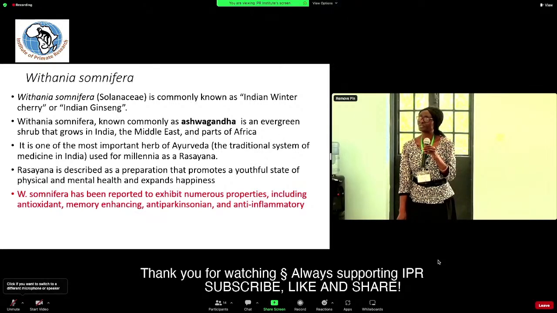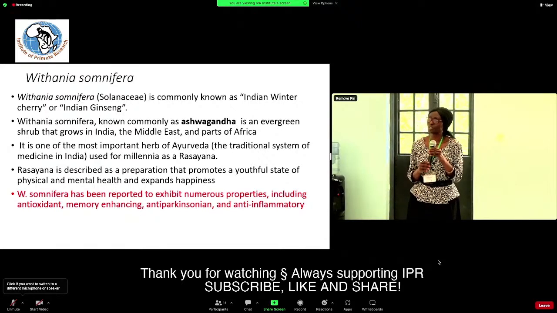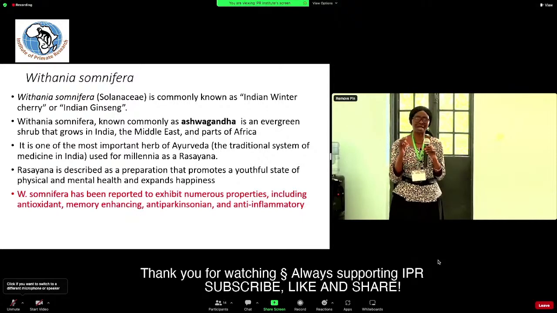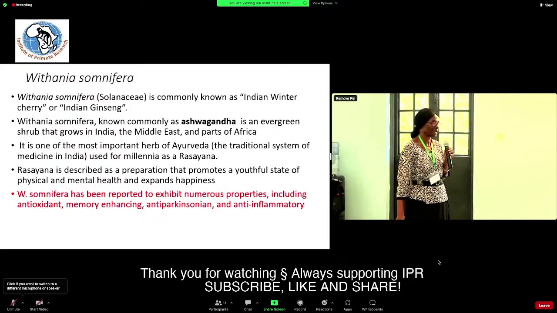It grows commonly in India, the Middle East, and is also indigenous in African areas. So it has been shown to exhibit numerous properties, including antioxidant activity, memory-enhancing activity, and also anti-inflammatory effects that have a positive impact on Parkinson's disease.